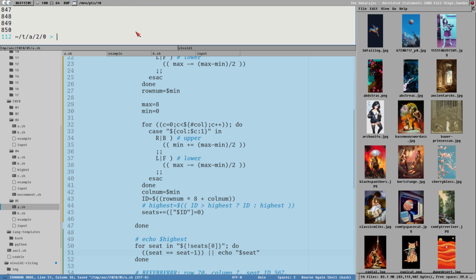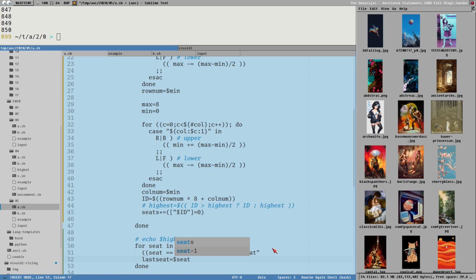See what you get. Now, if this seat is 1 more than the last seat, so yeah, okay, we do a last seat here. So last seat is equal to seat.